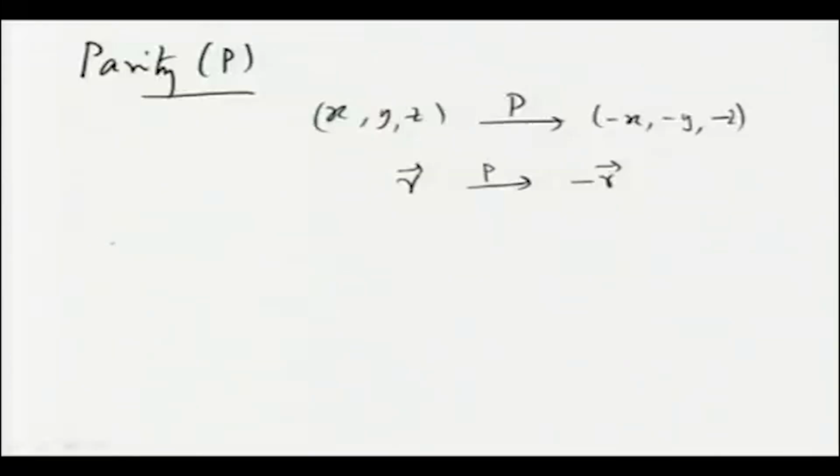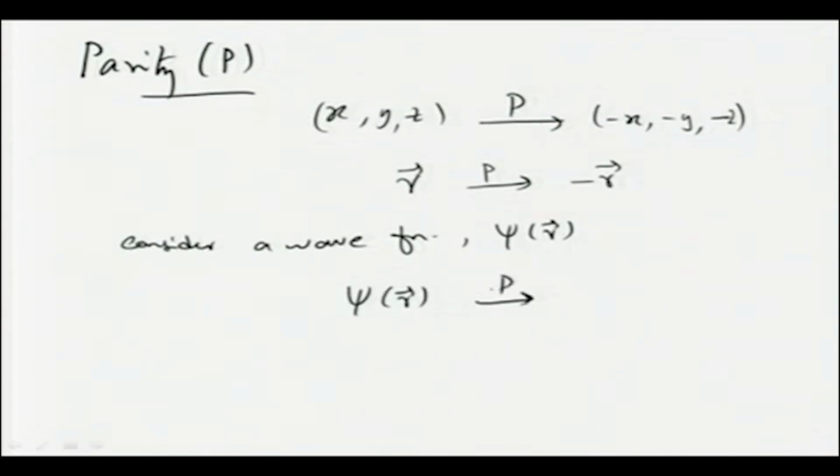So, you can ask the question like, what happens to the deuteron under parity transformation? For the deuteron we have the wave function, denoted by psi. So, let us consider the deuteron or any other system, consider a wave function psi of r. Under parity transformation, this will go to some psi prime and r will go to minus r. Now, we can ask the question specifically, what happens to the wave function of the deuteron.